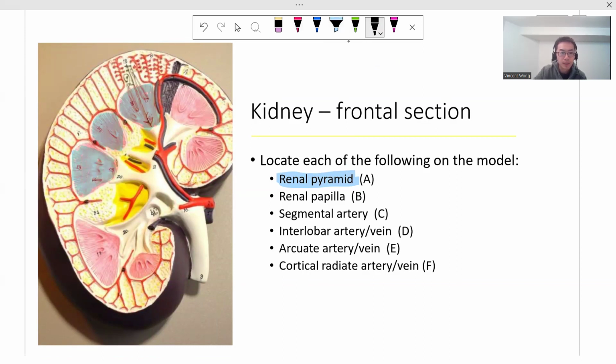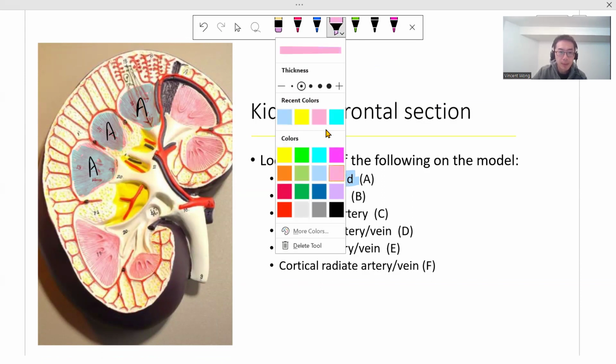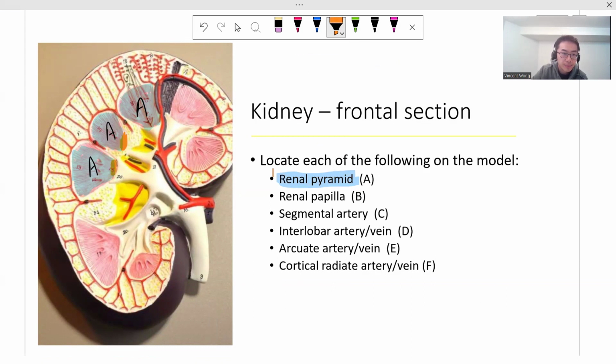Okay, I'm just going to pop in the letter A there. Renal papilla. Well, papilla is like the tip of the papilla of the pyramid, right? So that's where the B is going to be.